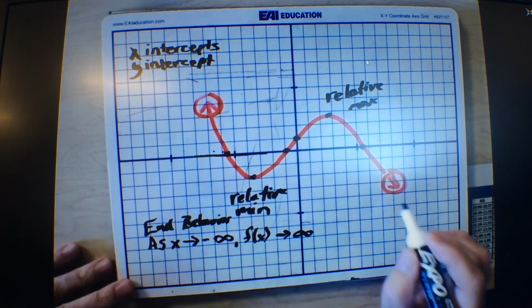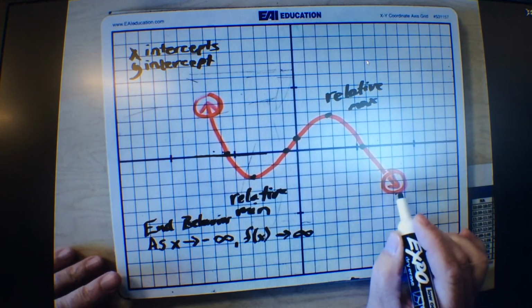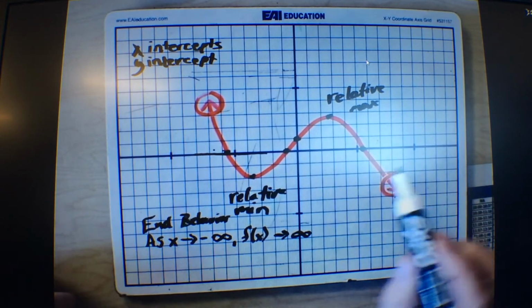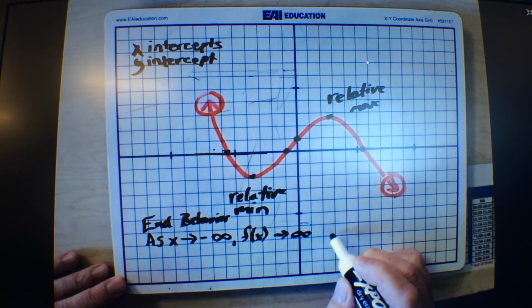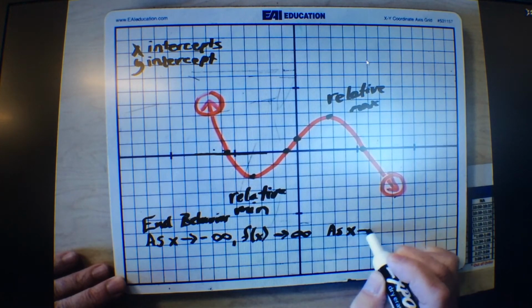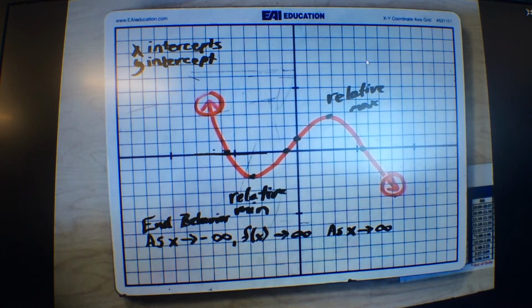All right, so let's go over here to this side. I can write it underneath here, I can write it over here, but I'll write it underneath here so you understand it's on this side. Okay? Now, on this, the x's, we're going out, aren't we? And what are we approaching? We're approaching positive infinity. So as x is approaching positive infinity, the good thing about positive infinity is we don't have to put anything.